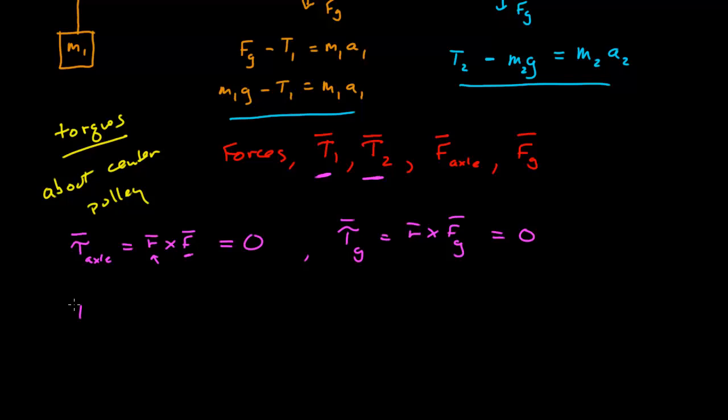Okay, so the torque due to tension 1 is going to be R1 cross tension 1. So what does that equal?